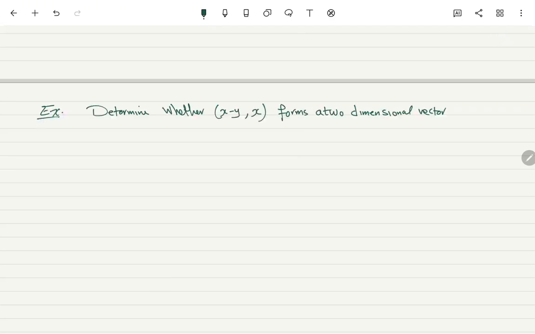Let's have another example. Determine whether x minus y and x forms a two-dimensional vector. Now, to solve this one, in this case, ax is actually x minus y and ay equal to x.